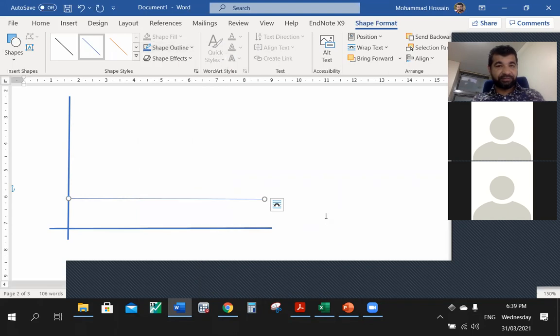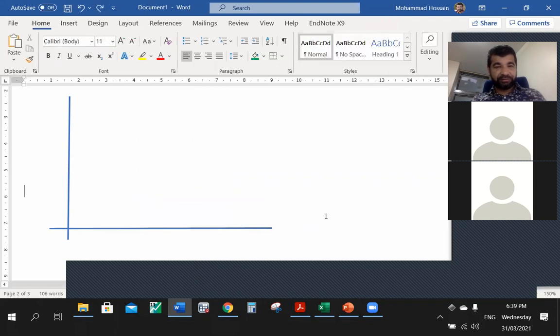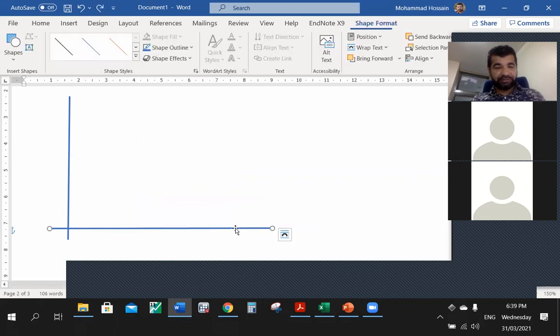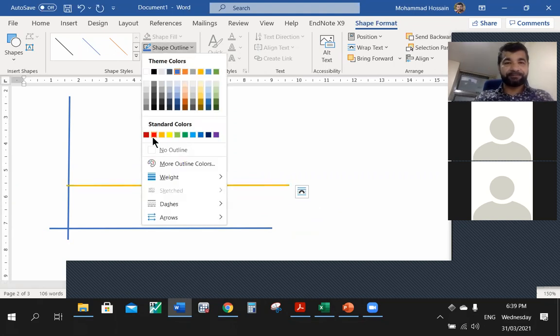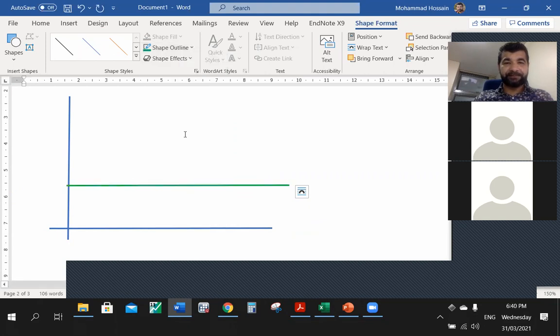Actually, I should make this one as fixed cost curve. Fixed. Okay, let's change the color. Let's say green. Fixed cost.